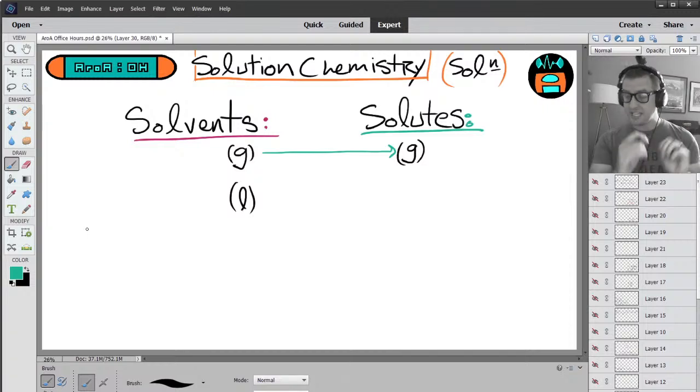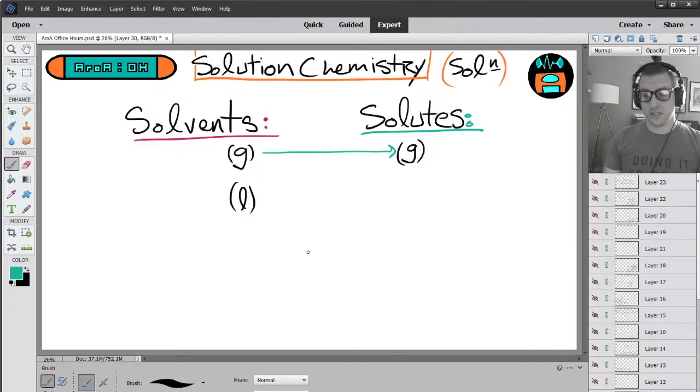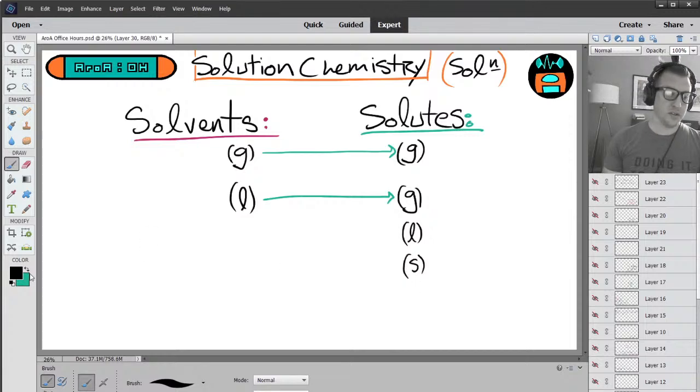Gas. If you have a gas solvent, it can only dissolve gaseous solutes. Liquid solvents, on the other hand, can dissolve gaseous solutes, liquid solutes, and solid solutes.